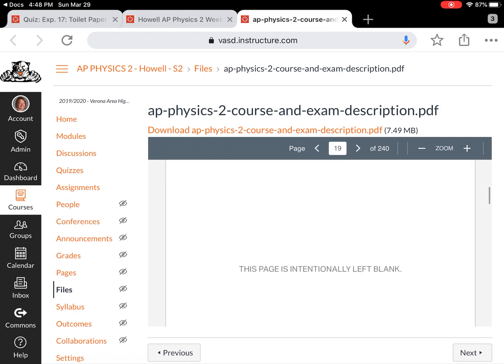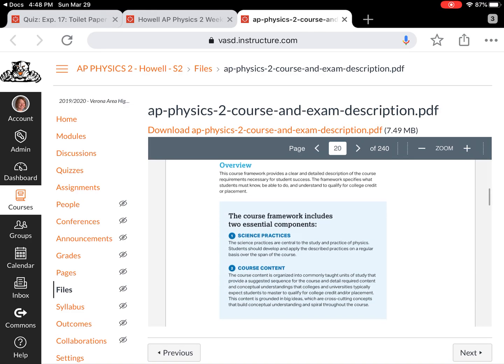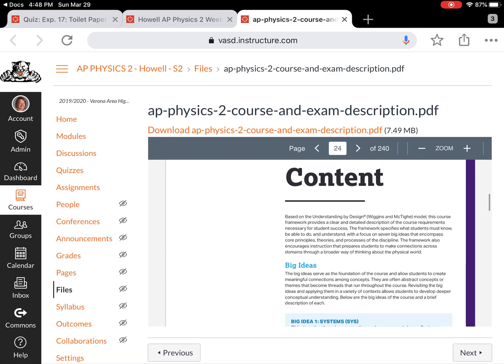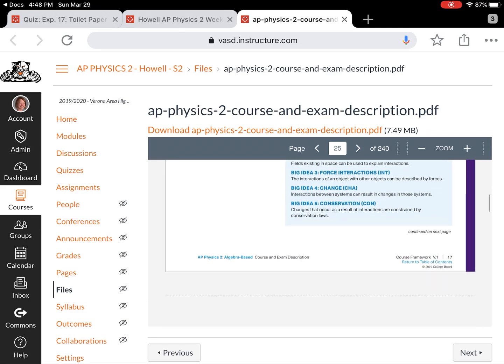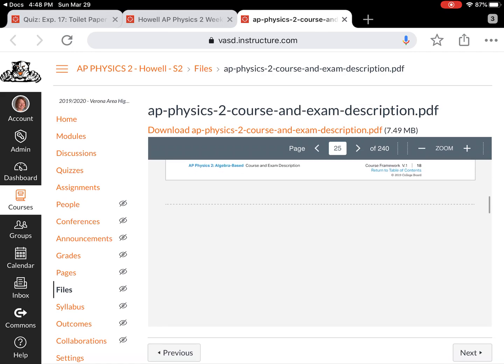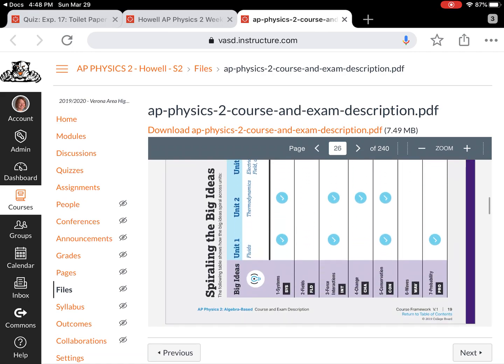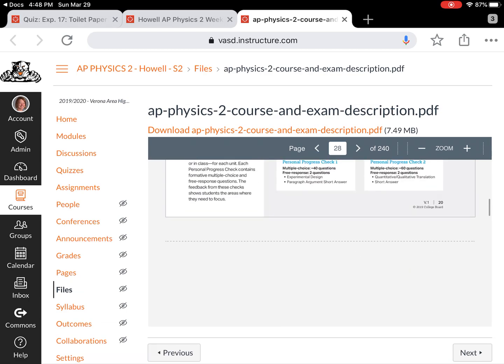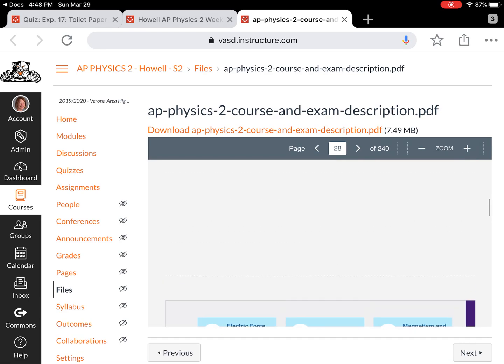Come on, Wi-Fi, you can do it. Okay, pardon me while I wait for my Wi-Fi here. So anyway, this document talks about the content, and it shows you the way that the whole course is set up.